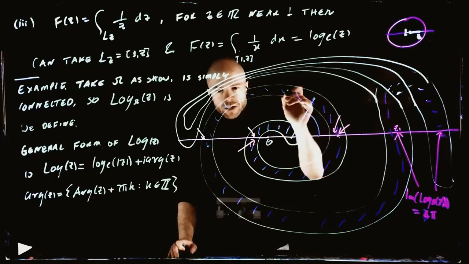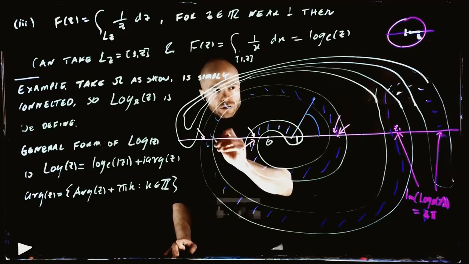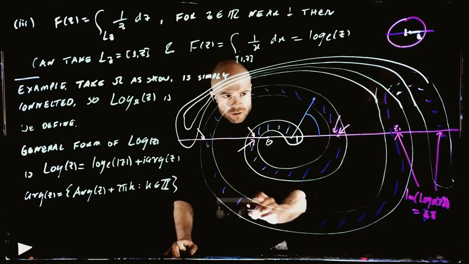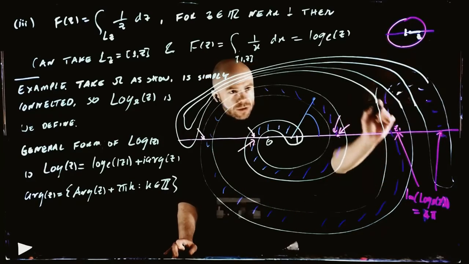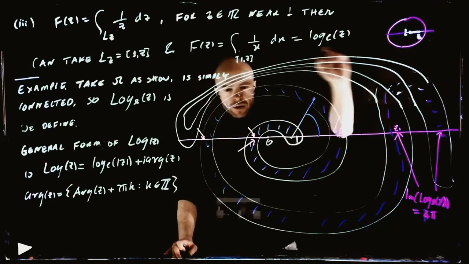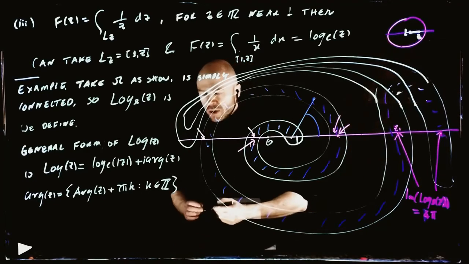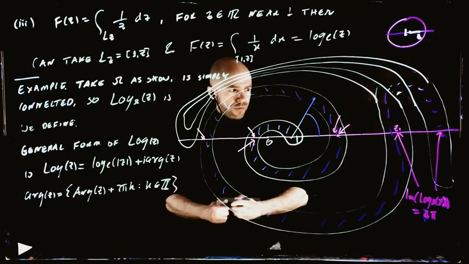You can go anywhere you want. So indeed, as you go counterclockwise, you're going to take another value of 2 pi every time, and then you unwrap it going clockwise like this. Cool.